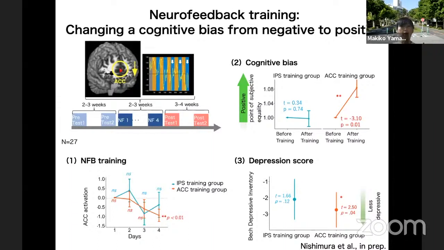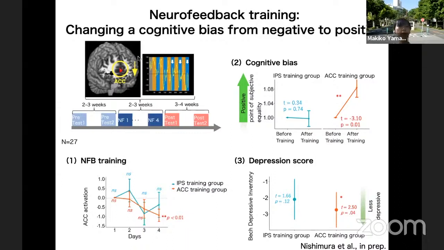This is still ongoing, but I'm presenting preliminary results here, obtained from 27 participants. We did a neurofeedback training to decrease the activity of ACC. This is double blind, and we have another group of subjects who are trained to decrease the inferior parietal sulcus activation.